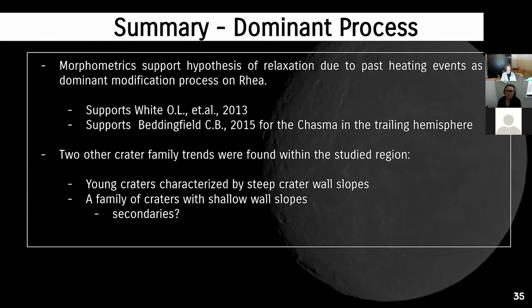We also found, in addition to this, two different families, and we expect that one of those families is junk craters, and the second might be another family of secondary craters. We have to look more closely at this to prove it, but that's what we have found.